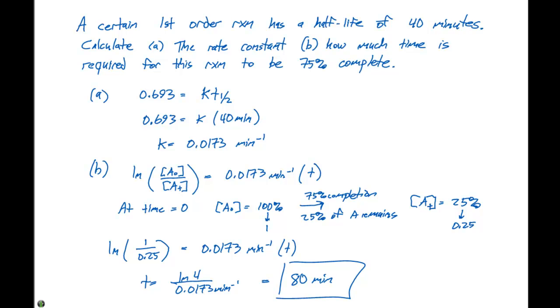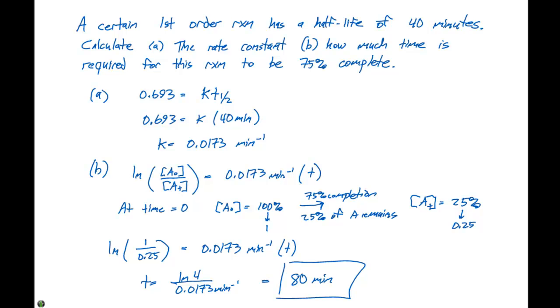So in this particular question, we're asked for two things, okay? One, we're given some half-life information which allows us to calculate the rate constant. This is very important because once we have that rate constant, we can use this integrated rate law to figure out concentrations at any given time, okay?